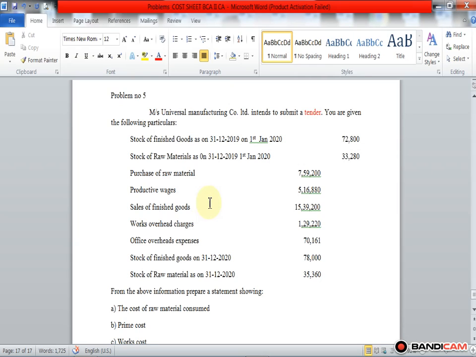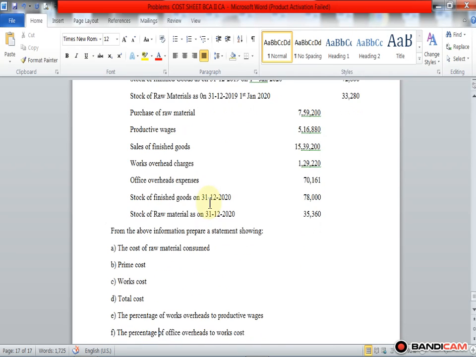Stock of finished goods as on 31st December 2020, 78,000. Stock of raw material as on 31st December 2020, 35,360. From the above information, prepare a statement showing: A.